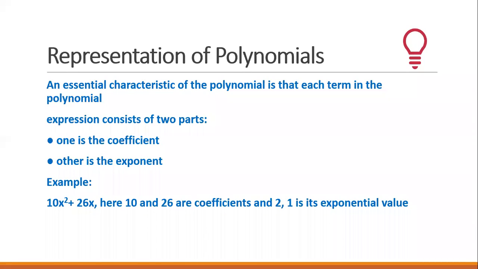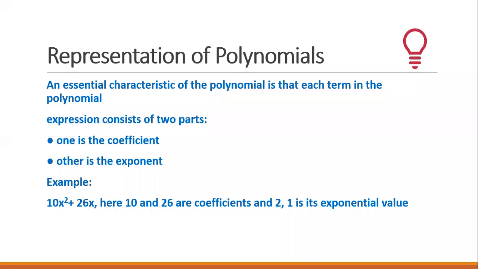Whenever we want to represent a polynomial, we have to understand what the polynomial consists of. An essential characteristic of the polynomial is that each term in the polynomial expression consists of two parts. One is the coefficient, the other is the exponent. Here we have taken an example like 10x square plus 26x.